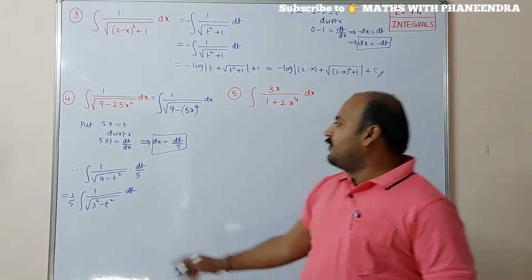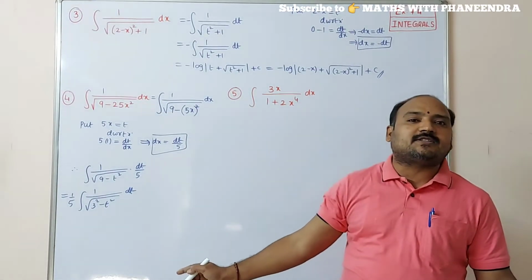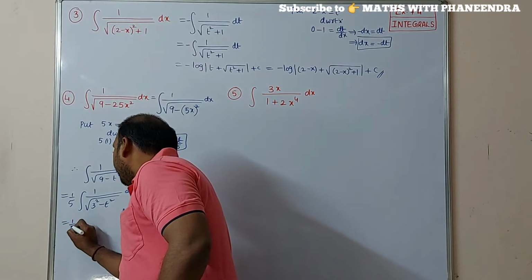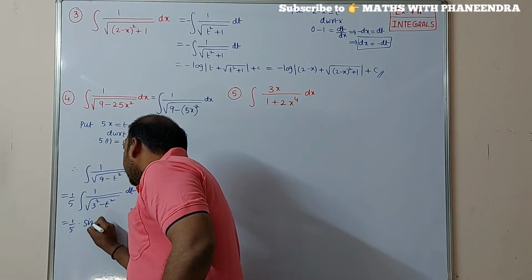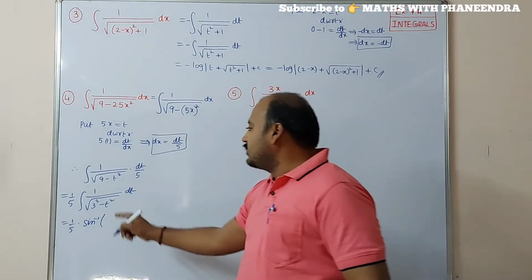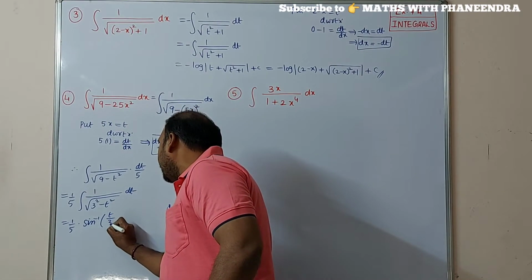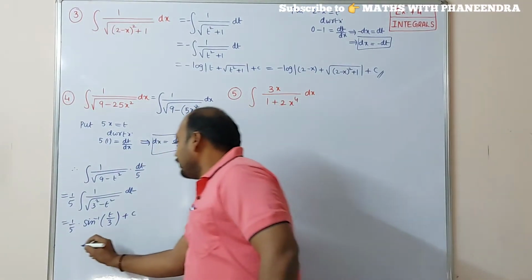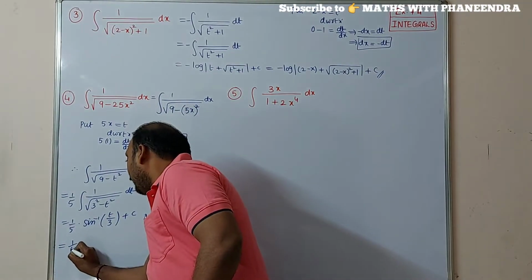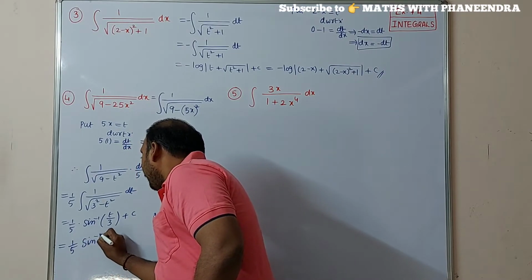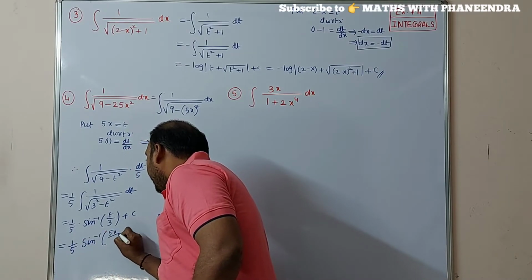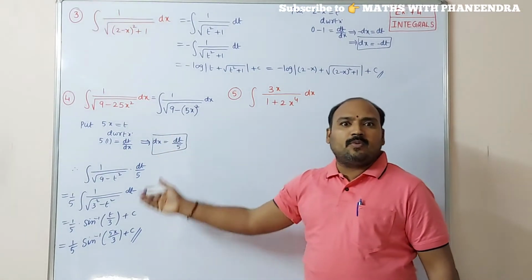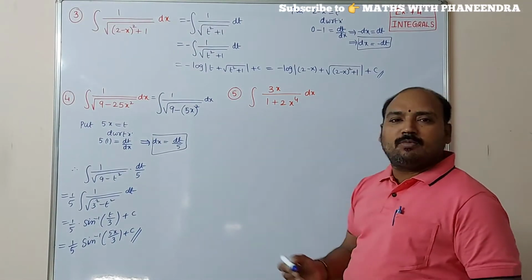Now it is in the form of integral 1 by root of a square minus x square, sin inverse x by a, that is equal to 1 by 5 sin inverse x by a. x means what here? t. t by a, a value is what? 3, plus c. So wherever t is there, what you have to replace again? 5x. So which is equal to 1 by 5 sin inverse of 5x divided by 3 plus c. I hope everyone understands. We'll move on to question number 5.